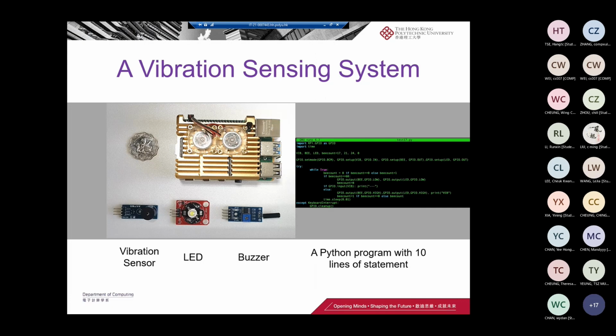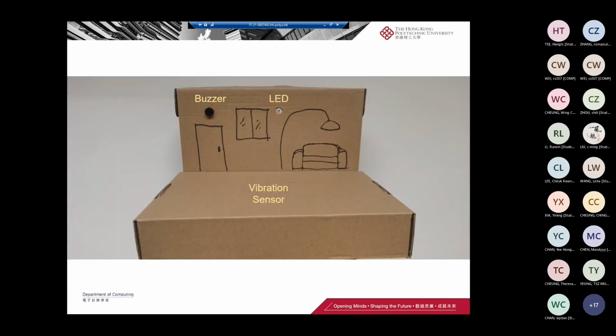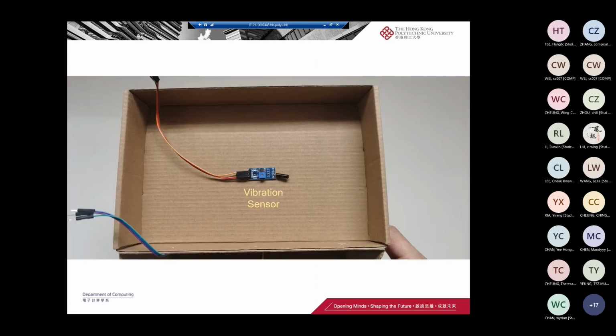You connect such things to that computer and make it work. So what I did here is a vibration sensor on the floor, a buzzer, and here is an LED. With that Raspberry Pi, I just connect them together to make the whole system.